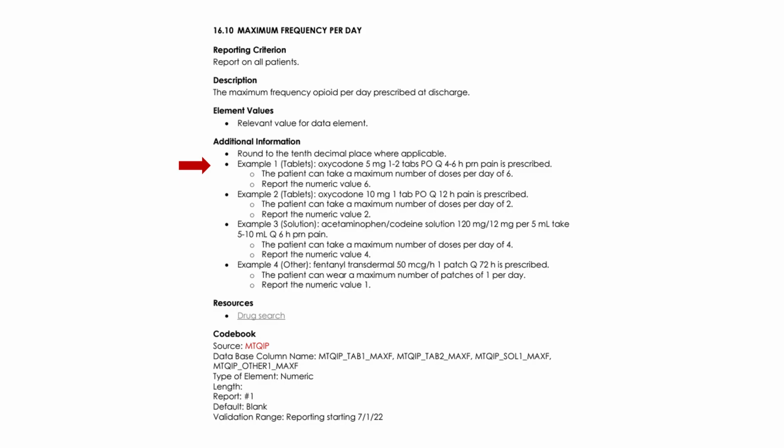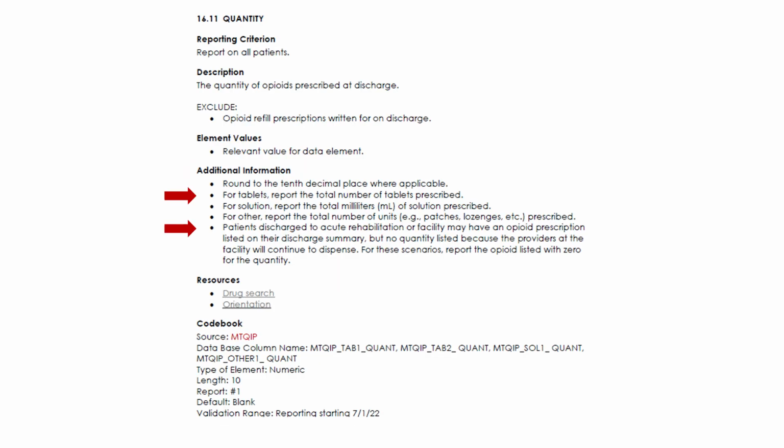Report the numeric value 6. To determine the maximum frequency per day, divide 24 hours by the shortest prescribed dosing interval. In this example, 24 hours divided by 4 hours equals 6 doses per day. Several other examples are also provided for your reference.